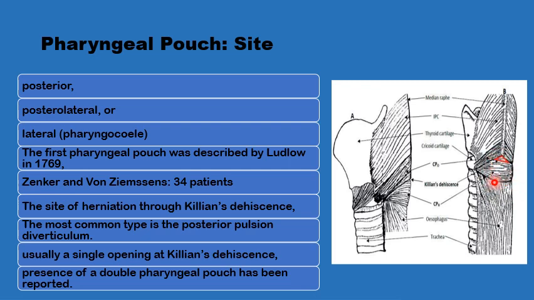Most pharyngeal pouches are pulsion diverticula posteriorly, but some are posterolateral and very few can be lateral. The vast majority of pharyngeal pouches have only one opening, but more than one opening, like two, has been reported in the literature as well.